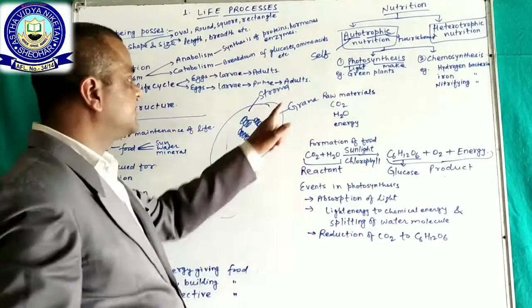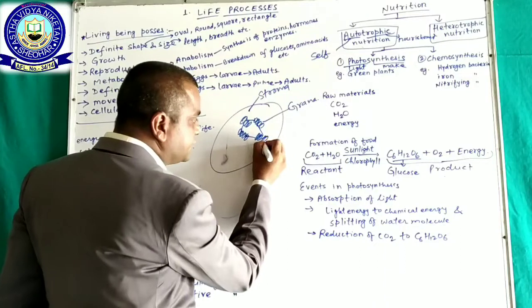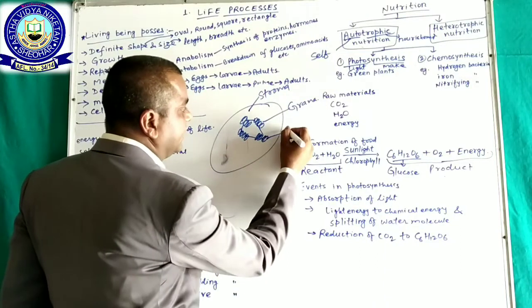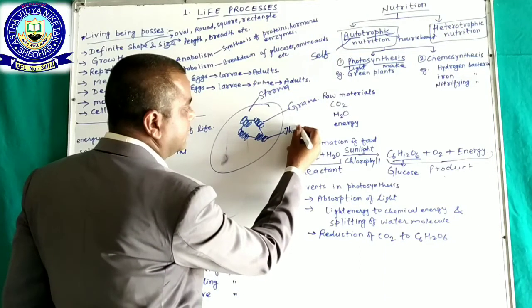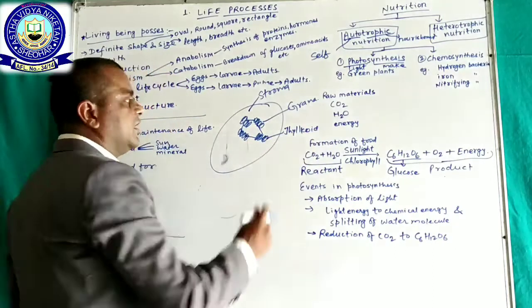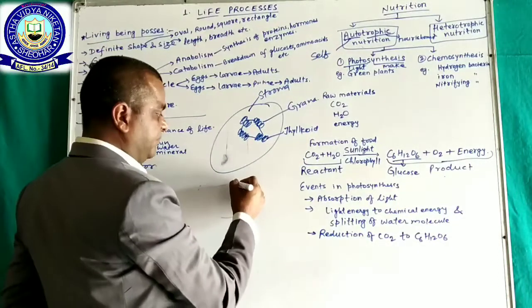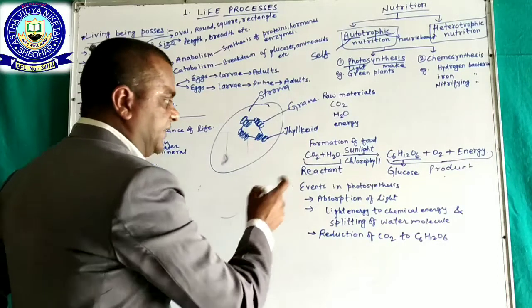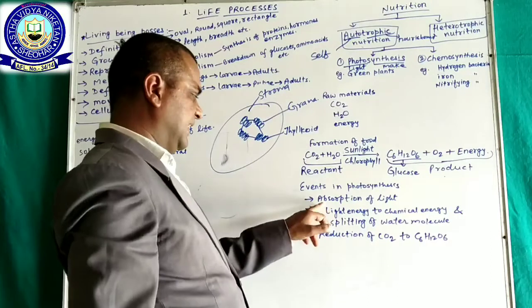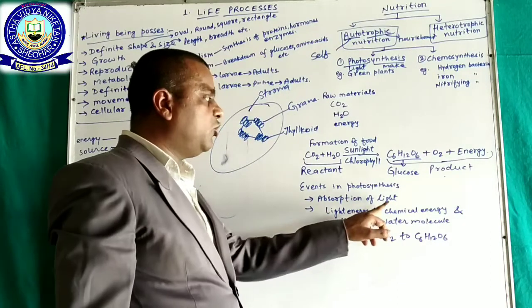The light reaction occurs in grana, and the unit segment, this one, is called thylakoid. The internal membrane of the thylakoid absorbs light. That is called absorption of light.